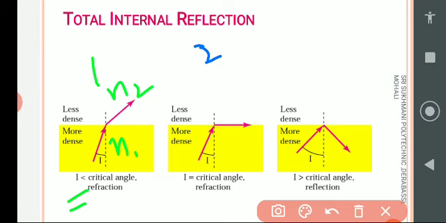Now the third case. If the angle of incidence is made greater than the critical angle, all the light will be reflected back. I will repeat, reflected back. Where? Into the same medium from where it comes.